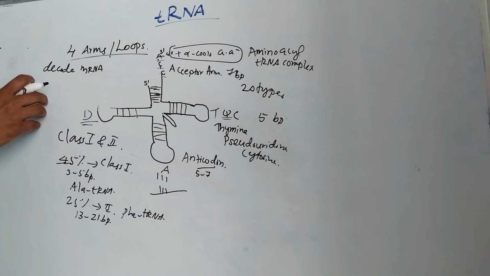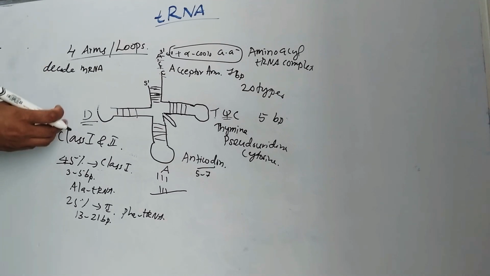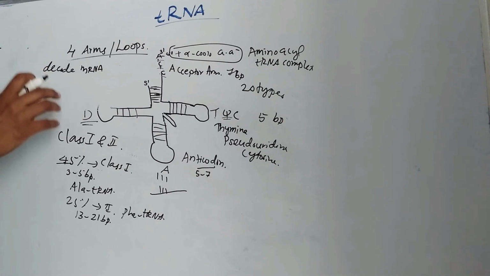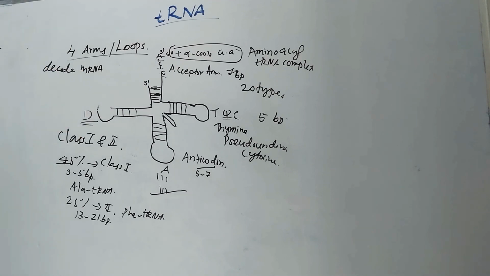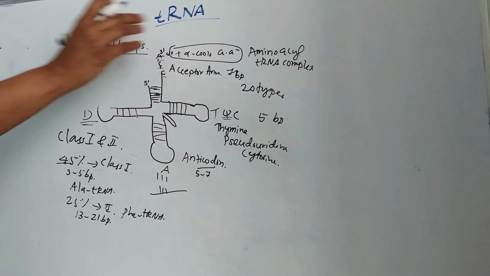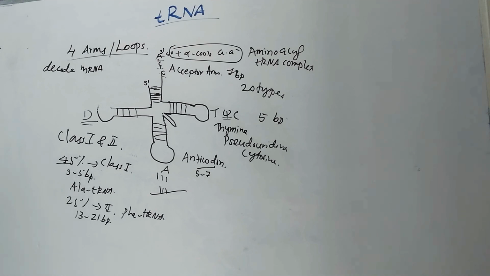Each tRNA is linked to a particular amino acid and base pairs with a codon in mRNA so that the amino acid can be added to a growing peptide chain. Each tRNA molecule is recognized by one of the 20 amino acyl tRNA synthetase enzymes.